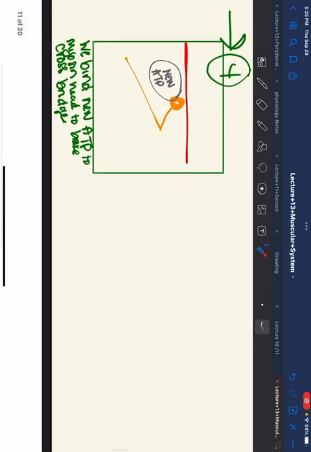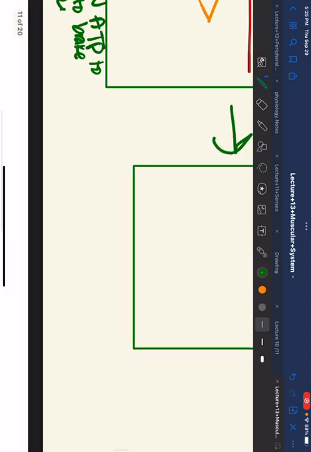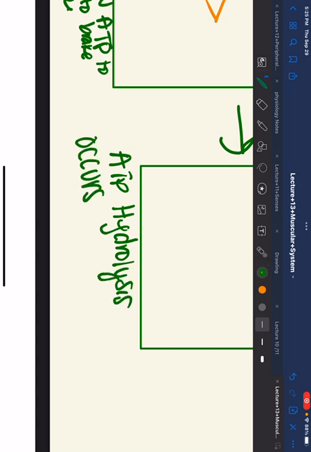Next, ATP hydrolysis occurs. And phosphate and ADP attach to the myosin head.